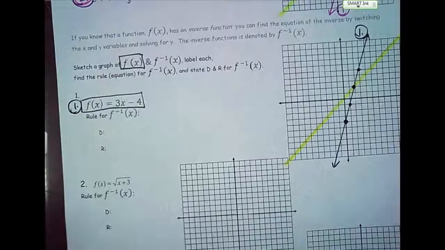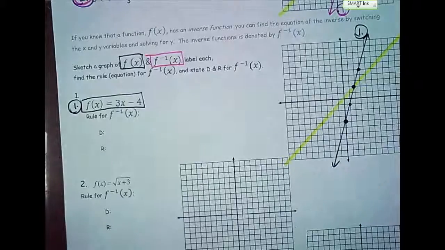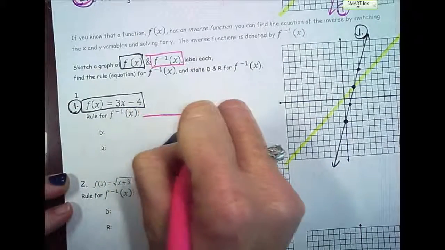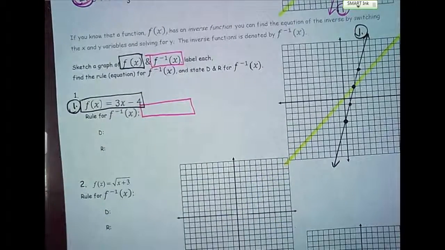There's my original. Okay. And then it wants me to find the graph of the inverse. But did it give me the inverse? Look right here. Look what's missing. Is there anything in the box? No. There's nothing there. You have to find the inverse.